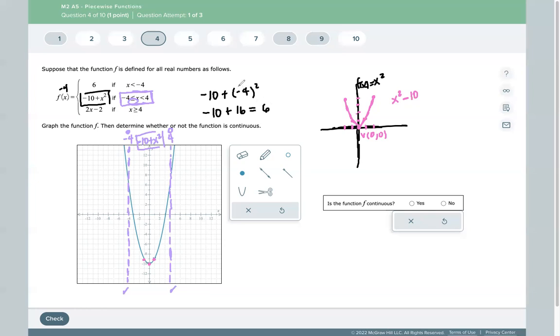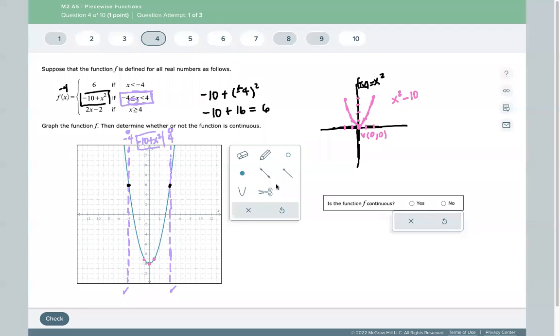That works for both +4 and -4. That means that at +4, it intersects the graph at 6, and also at -4. But those are just our reference points to cut the graph. We are not yet sketching the whole thing.